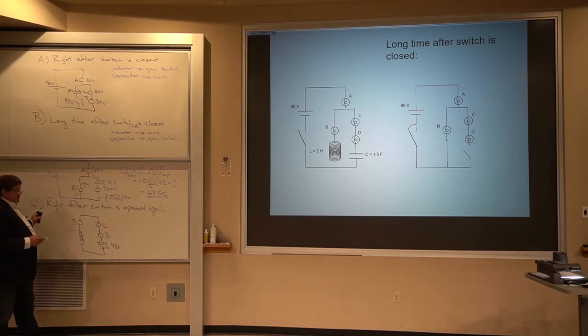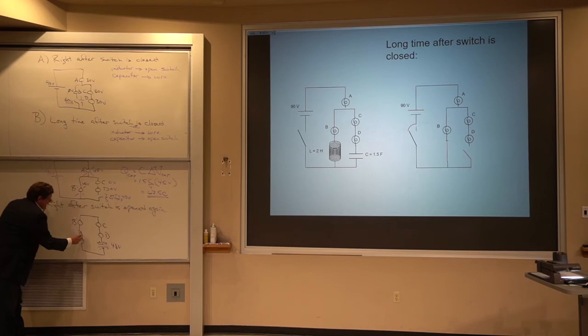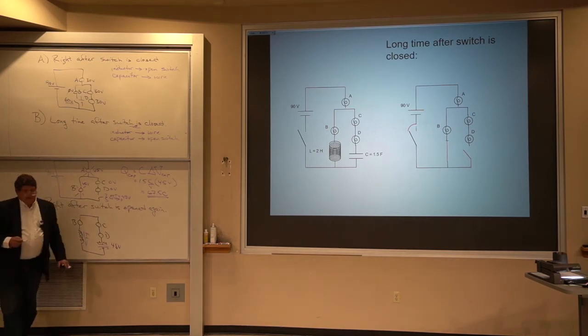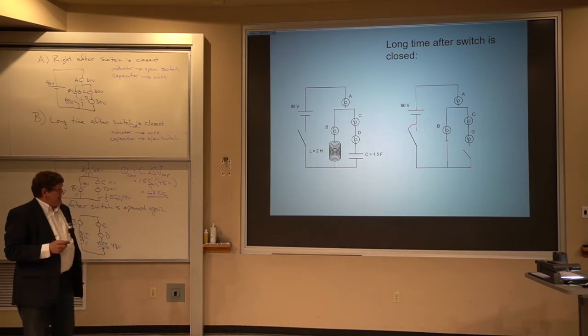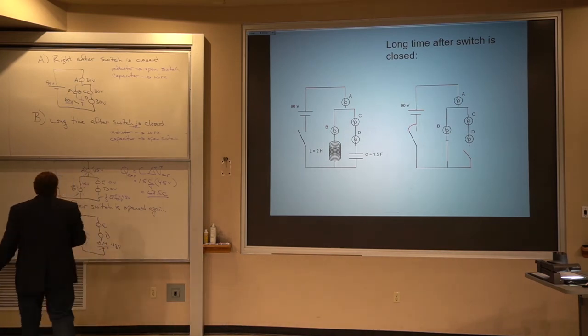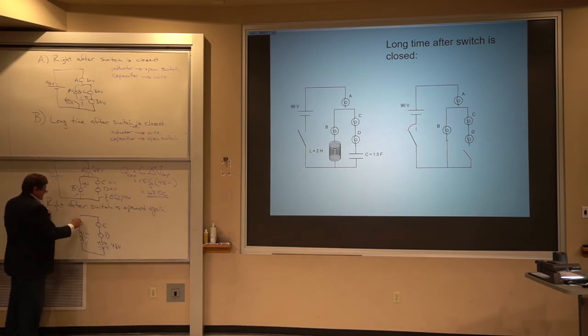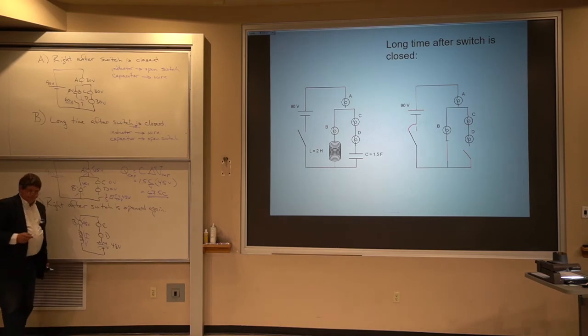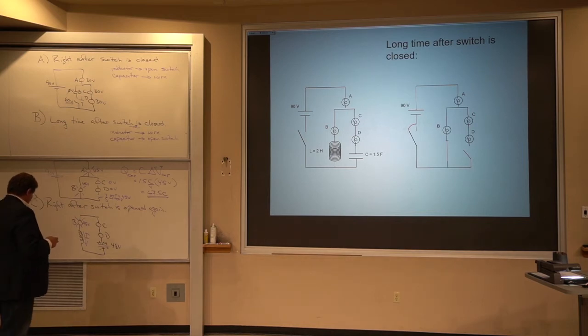And I know that before I opened that switch, I had current running down through that inductor. Well, how much current was it? Well, it was enough current to make bulb B 45 volts bright. Well, what's got to happen here?